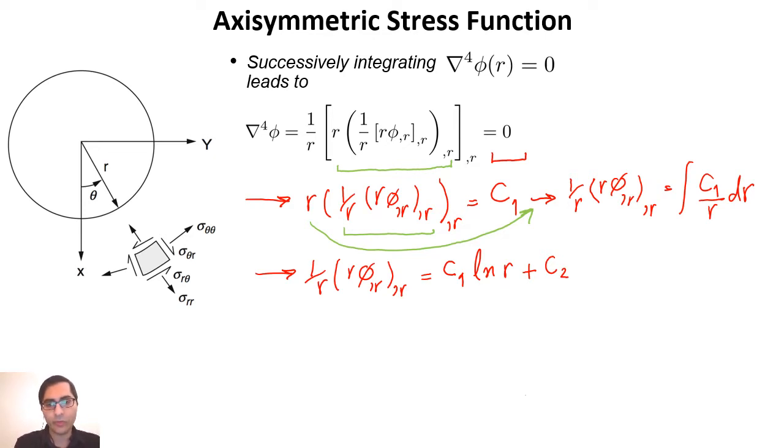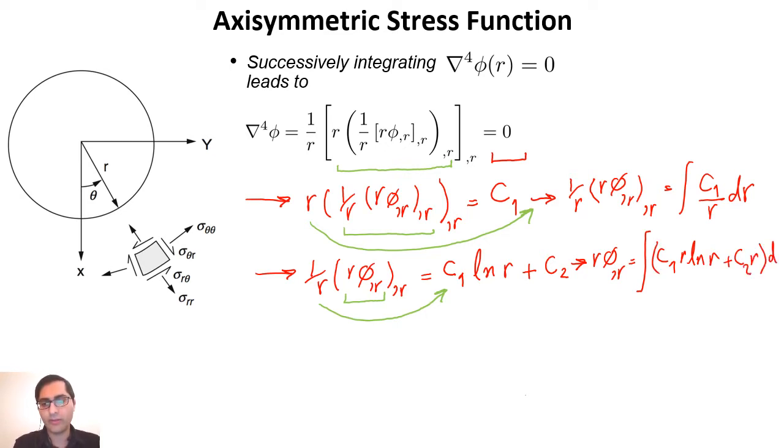This time again, whatever is inside the brackets remains the same, but we're going to take 1 divided by r to the other side and integrate from the other side. So it's going to be rφ,r equal to the integral of c1 r ln of r plus c2 r with respect to r.